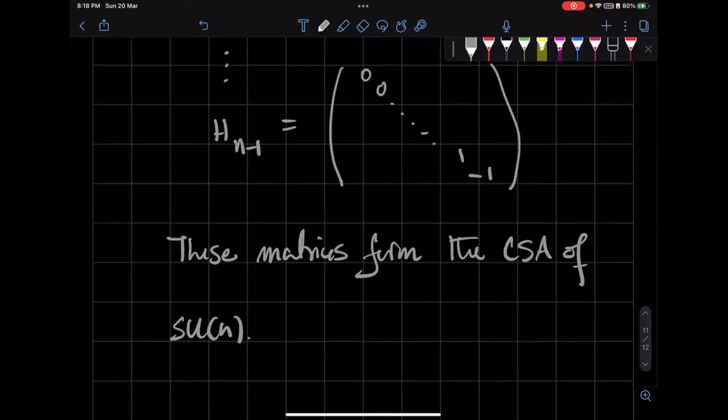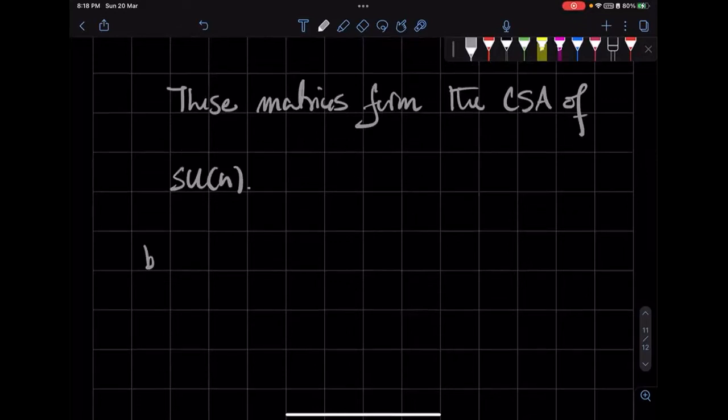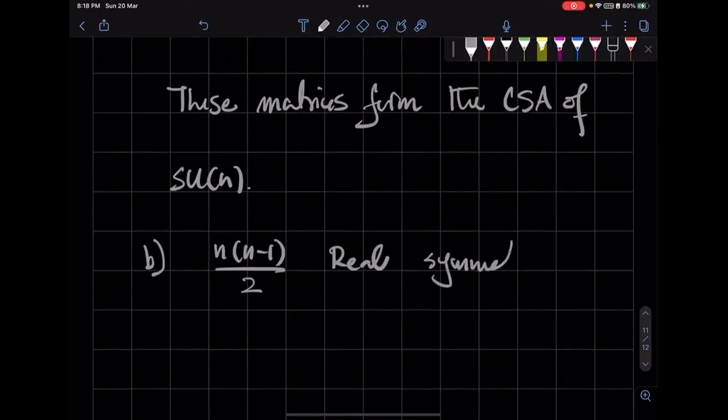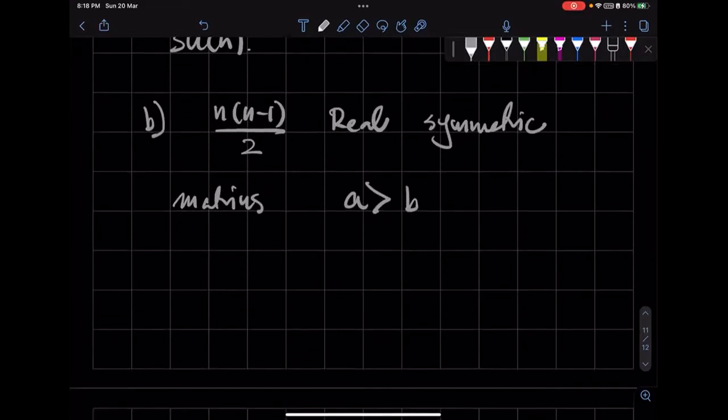So what are the other types of matrices? So this is type A. Type B is n(n minus 1)/2 real symmetric traceless matrices. And the way we do this is we label them with a greater than b. Otherwise, the counting is not going to be right.